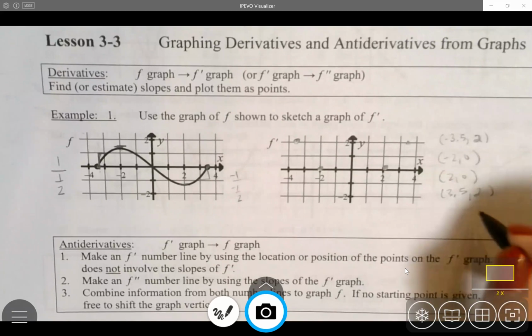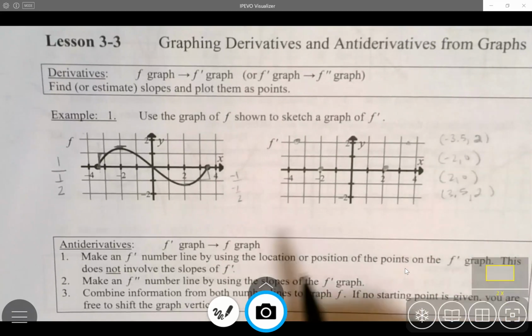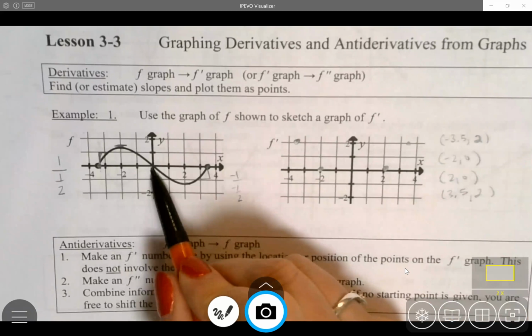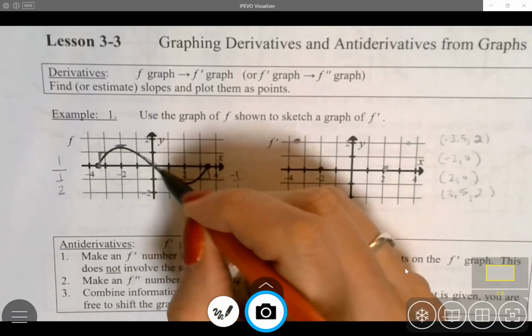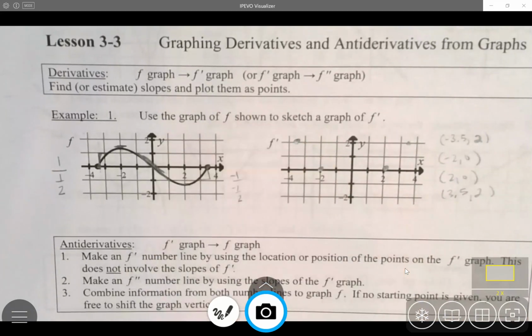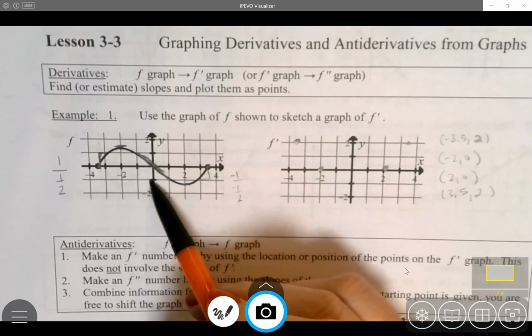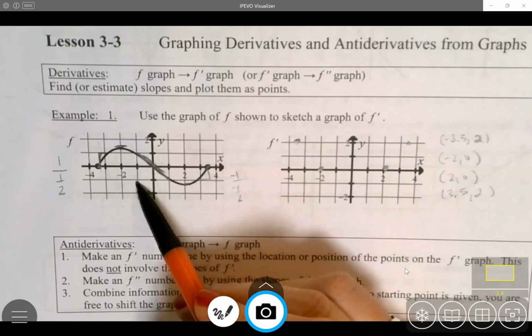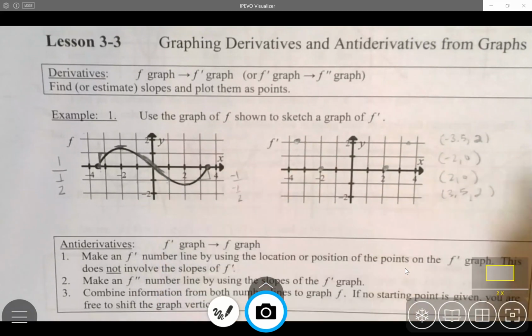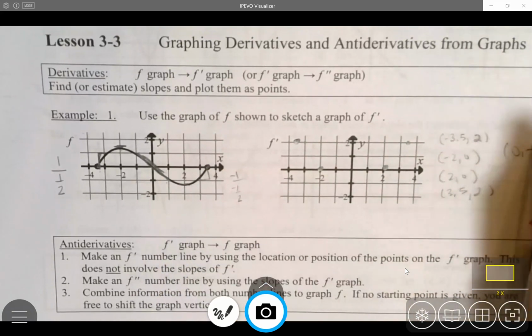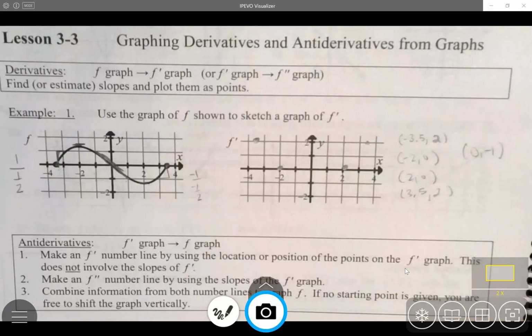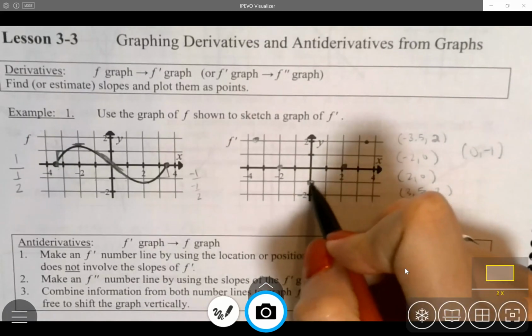So (3.5, 2), okay? The only thing I need to figure out is right here in the middle at 0. So what is this slope right here, approximately? So I could look at this and I could say, okay, I'm going down 2 and over 2. So down and to the right is going to be negative 1. So at 0, it's negative 1. (0, -1) is right here.